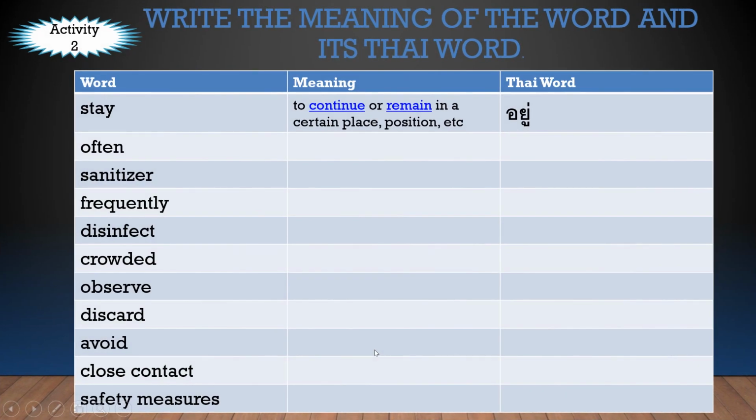The next one is activity 2. You are going to write this in your notebook. Write the meaning of the word and its Thai word. You have to read the word, and then you write the meaning. You find the meaning in the dictionary, and you also write the Thai word of the English word.